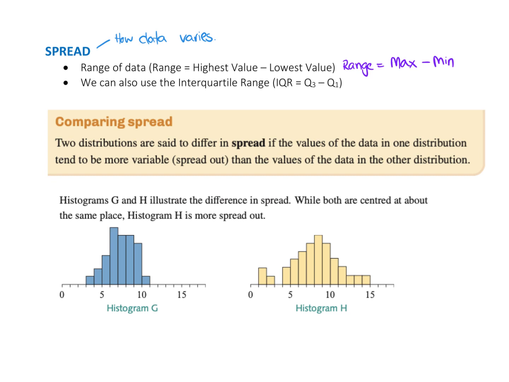Now, the IQR, the interquartile range, is when we take the third quarter mark and we minus the first quarter mark. So we call that quartile 1 and quartile 3. And what the interquartile range tells us is where the middle 50% of the data lies.